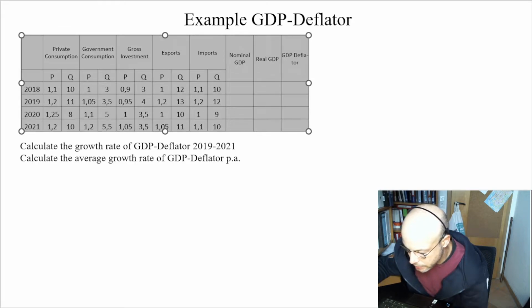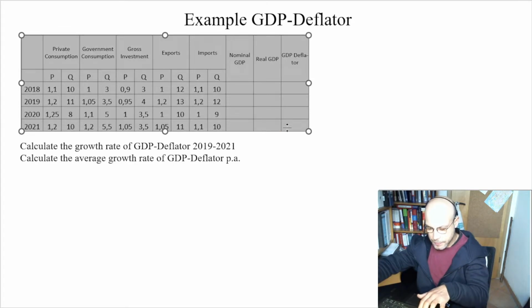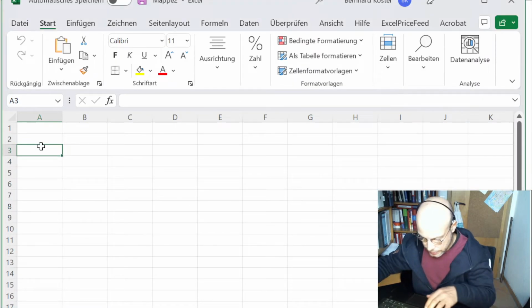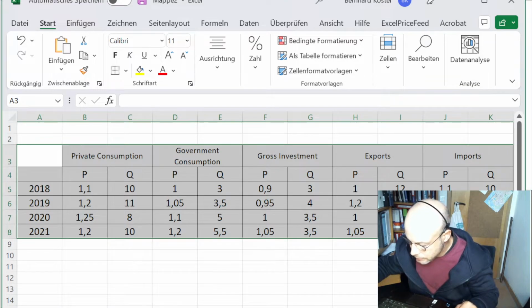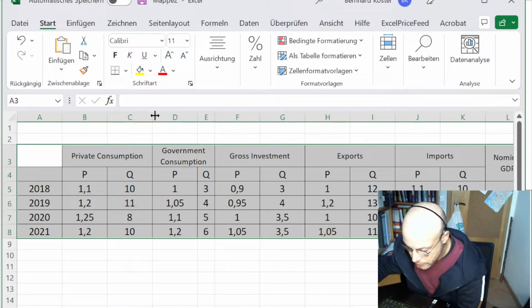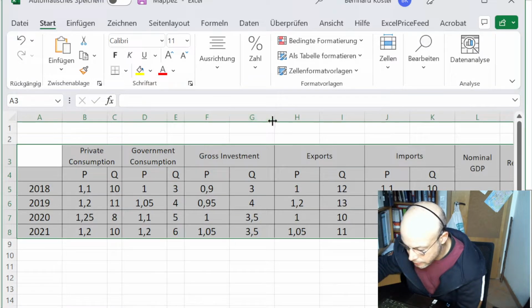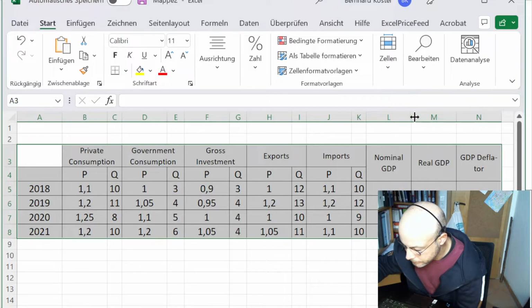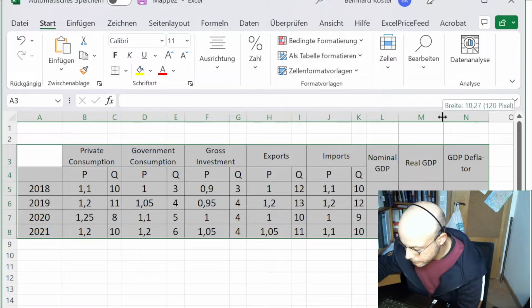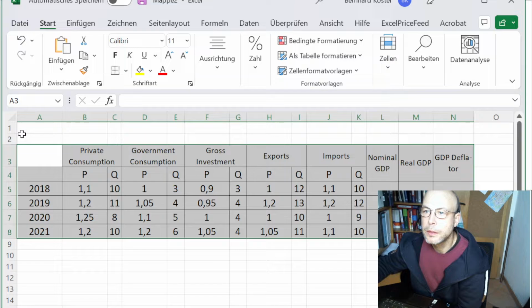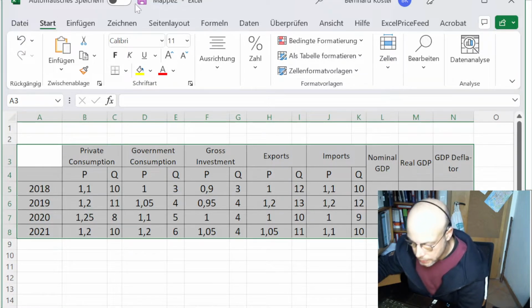So I copy this, go into Excel. This is a bit too wide. Let's shorten this, so that you can see it. Oh, this you still can't see.